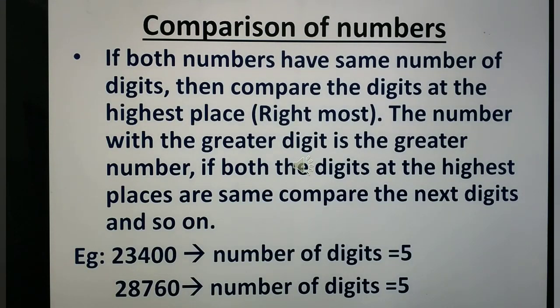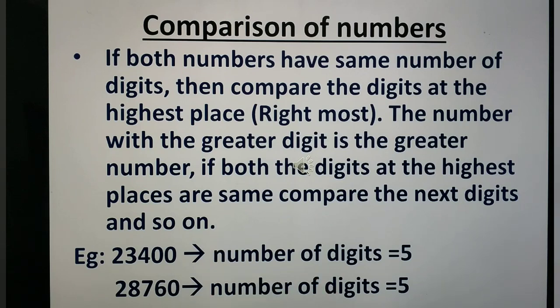Suppose both the numbers have the same number of digits, then compare the digits at the highest place. The number with the greater digit is the greater number. If both the digits at the highest place are the same, compare the next digits and so on.